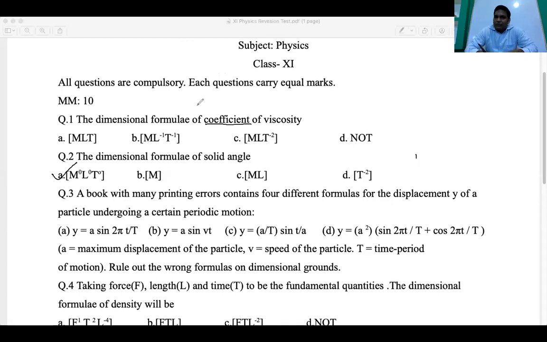Rule out the wrong formulas on dimensional grounds. Whatever they have written, you should just concentrate on this.